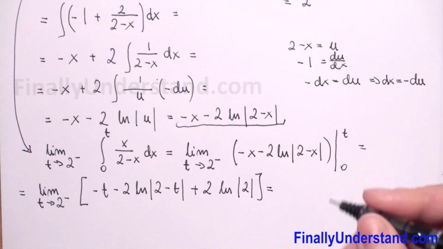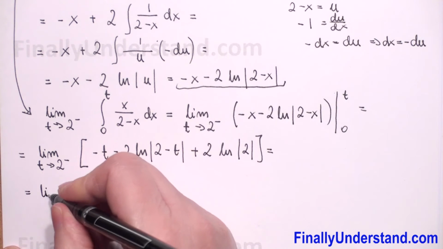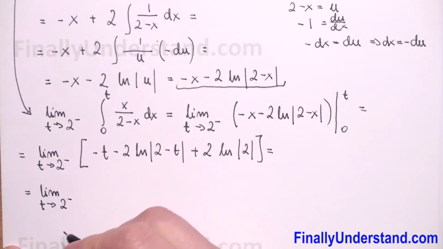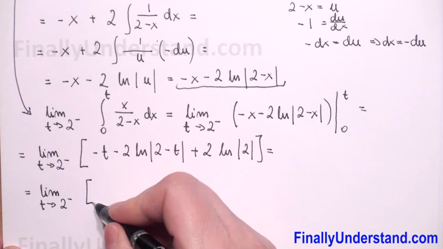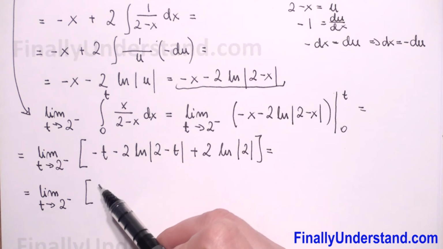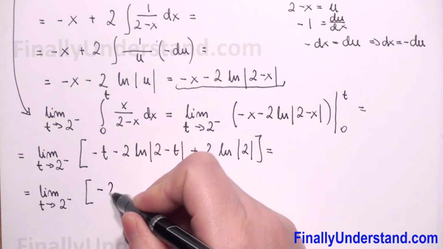So this is equal to the limit as t goes to 2 from the left, and in brackets, in the first expression we can replace t by 2, so we will have negative 2.